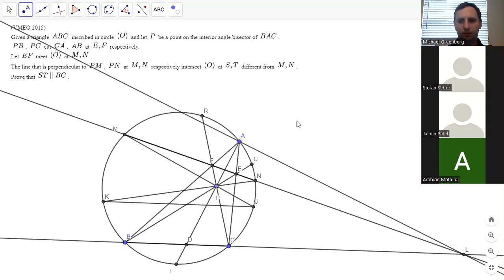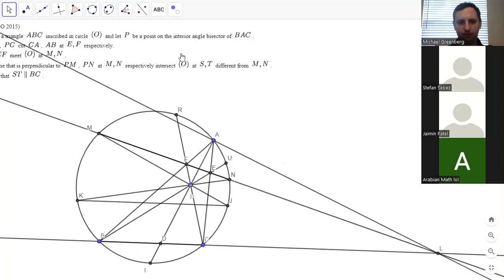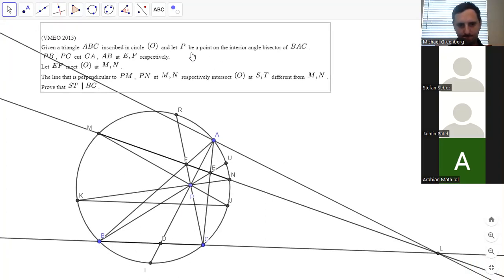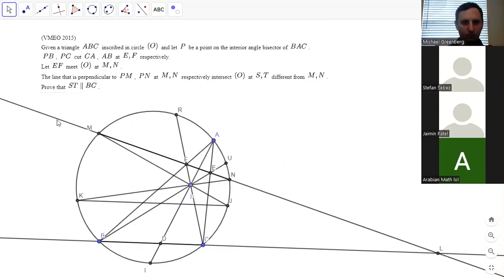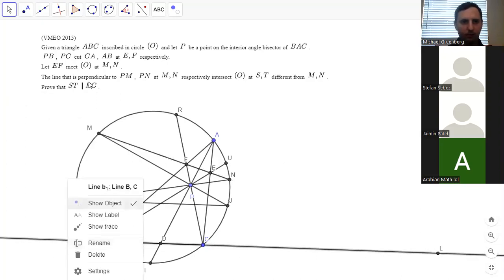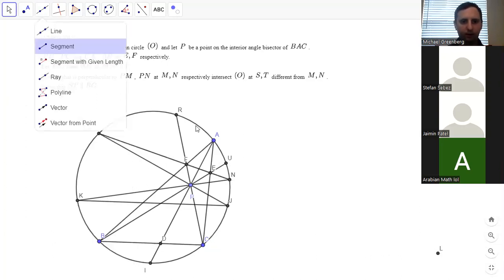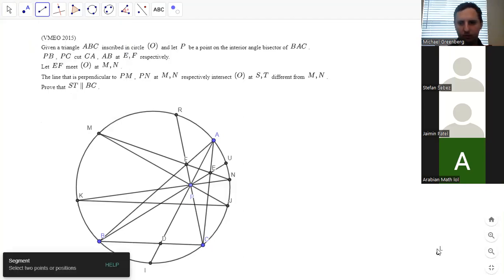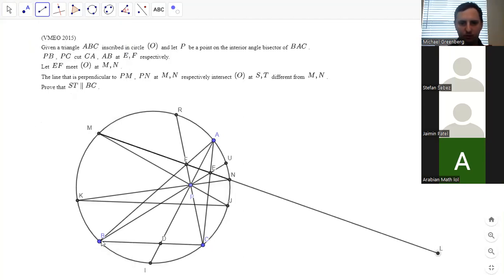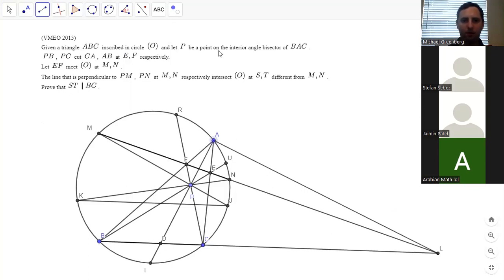It's a good observation. Yeah, that's worth keeping in the diagram, I feel like.